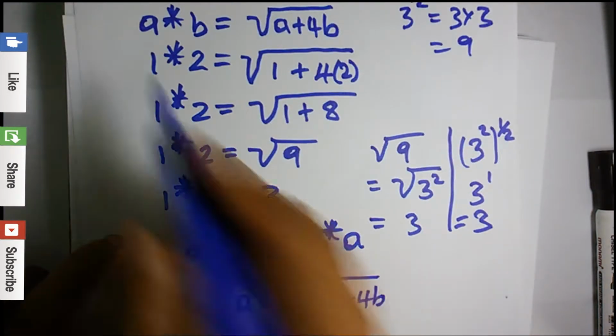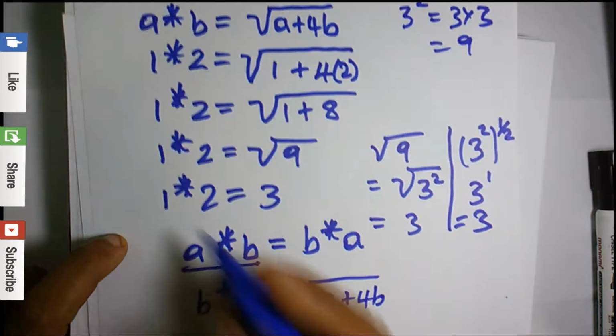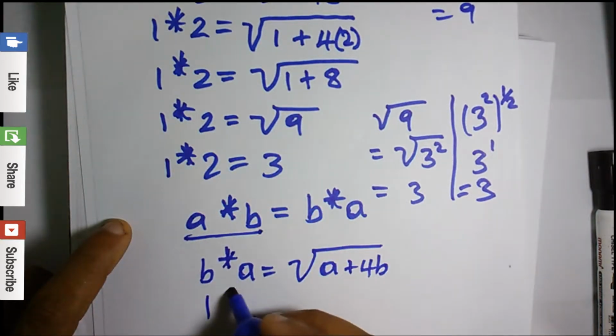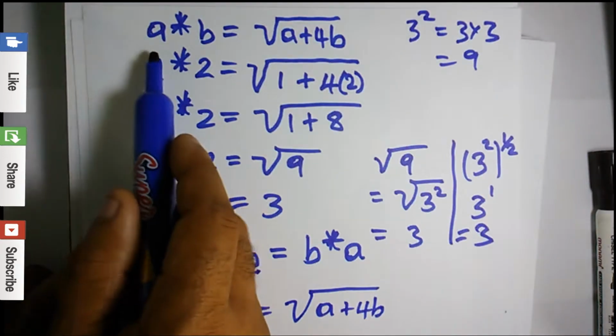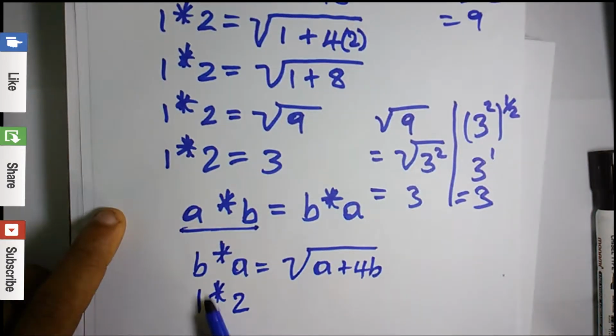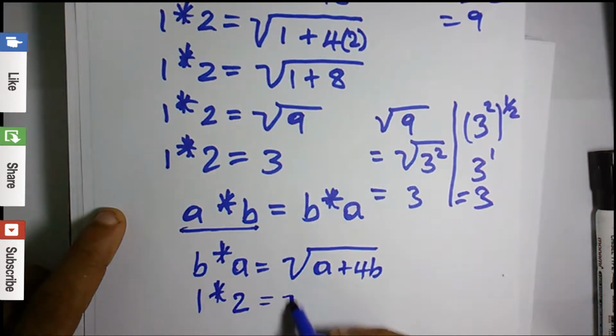If you realize what I did, I spun around the variables. So I'm going to rewrite the question that they gave us, 1 asterisk 2. Up here, in this section, a was 1, b was 2. Down here, b is now 1 and a is now 2. So 1 asterisk 2 is equal to, what's the value for a now?